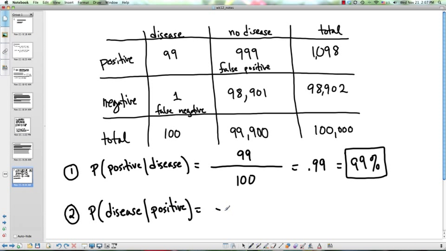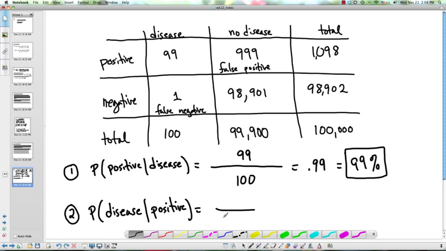Well, if you look at the total number of people that test positive, what's the chance of having the disease? In this case, there were 1,098 people that tested positive. So I'll put that on the bottom.